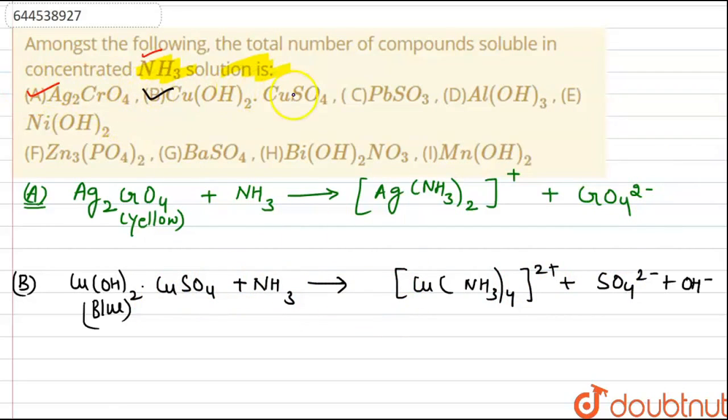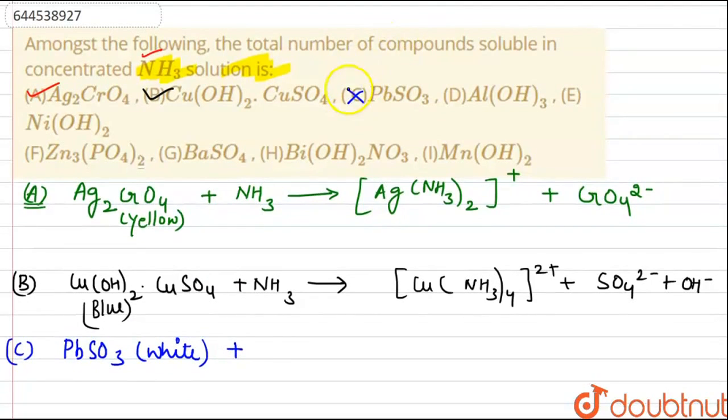Now moving on to the third one, lead sulfite, that is PbSO3. It is white in color, and when it reacts with ammonia, it is not soluble in ammonia.